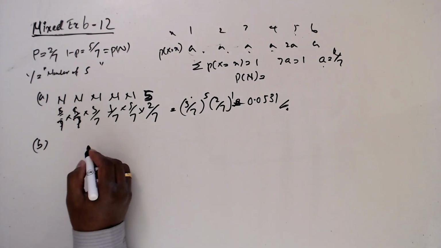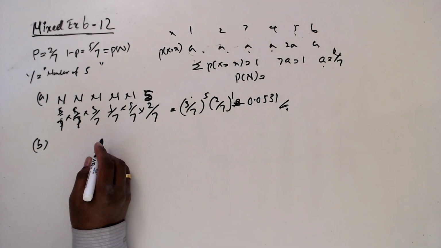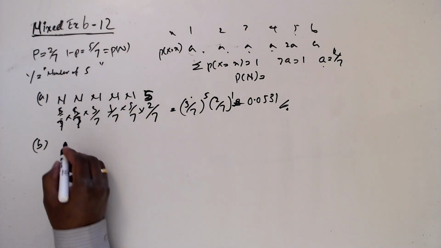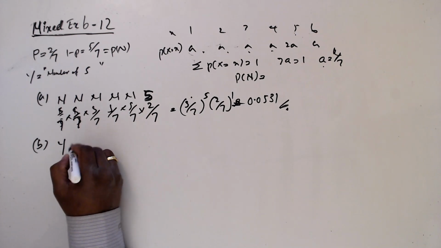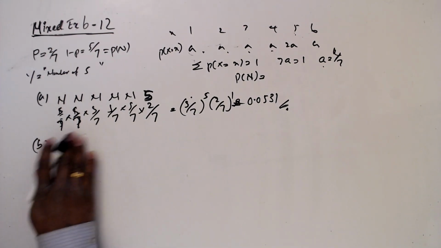And part B, in the first 8 rows, there will be exactly 3 5s. First 8 rows, so n equal 8.